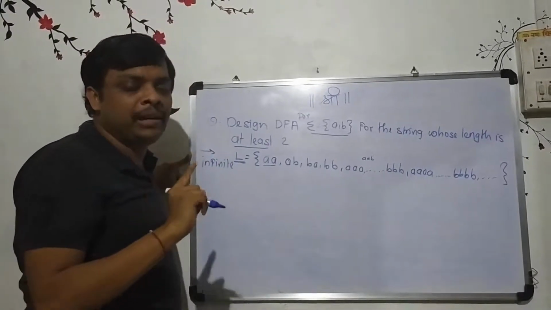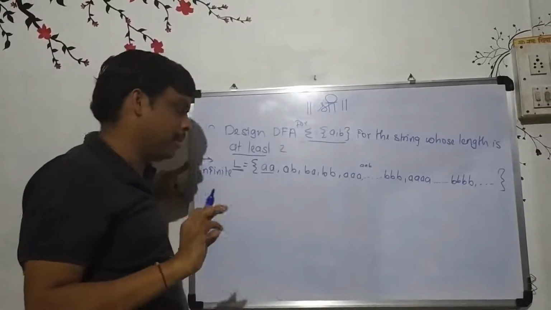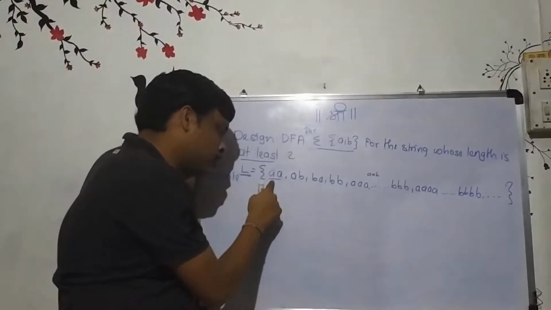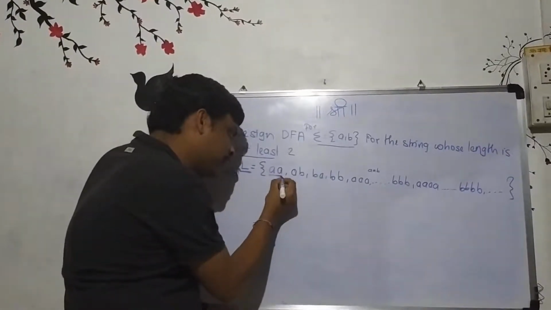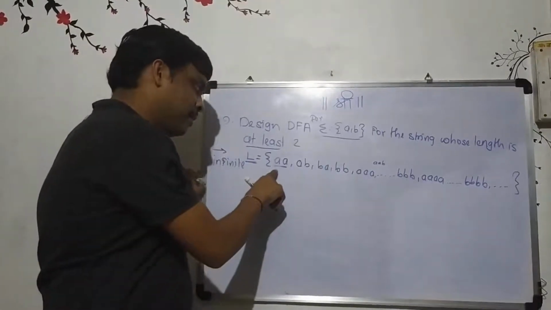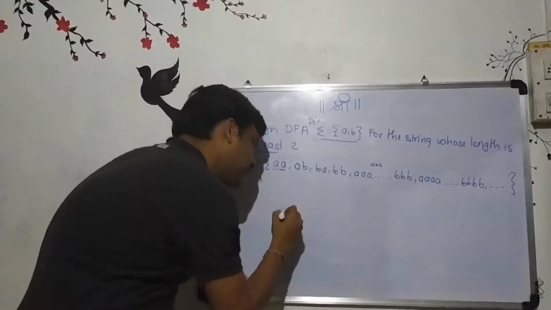Otherwise you will definitely find difficulty in understanding these problems. So after defining this language, take the smallest string AA, which is in the language, so for AA we have to design a skeleton.